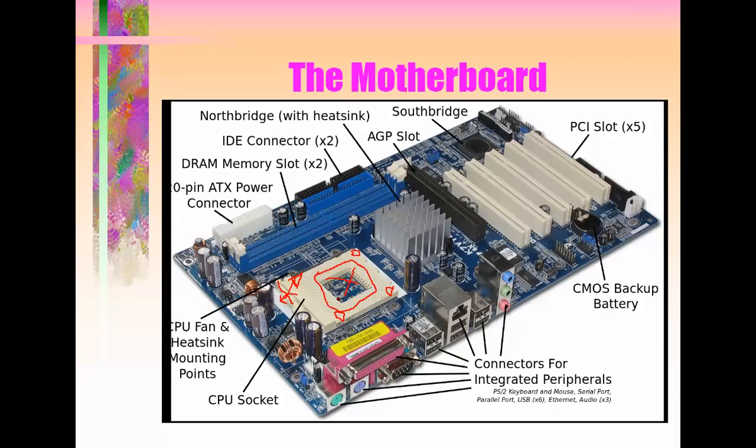So that is the first thing you should look for when you see a motherboard. You should find the CPU socket first, right? Then after that, there are the CPU fan and heatsink mounting points. So this point and that point, there are also points here and there. Those are the points where the CPU fan and the heatsink are mounted.